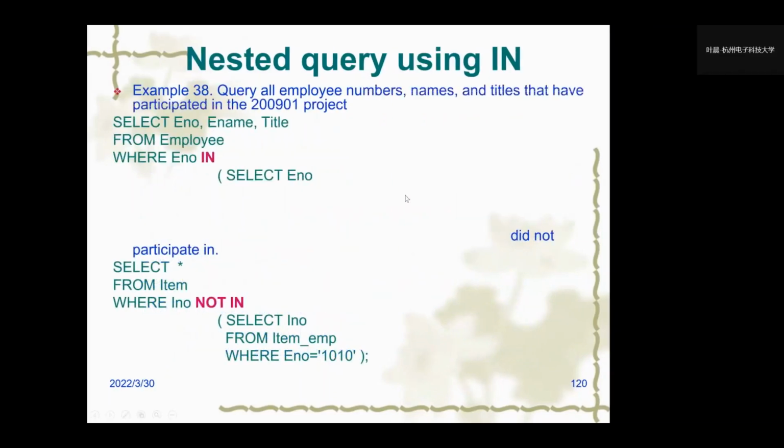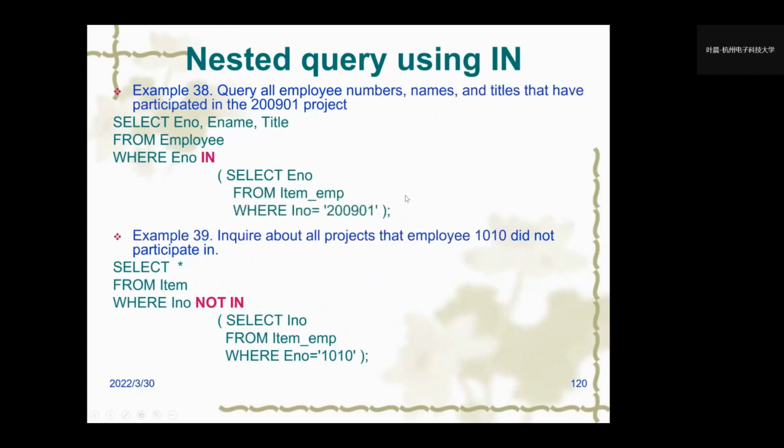So let's see several examples. First, if we want to query all the employee numbers, names, and titles that participated in the January 2009 project, what would we write as the query language?